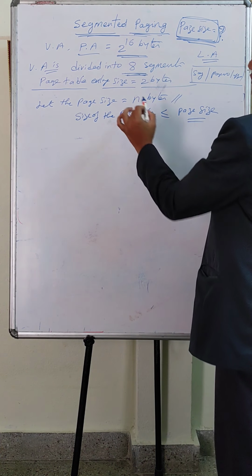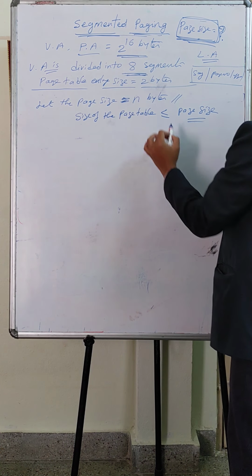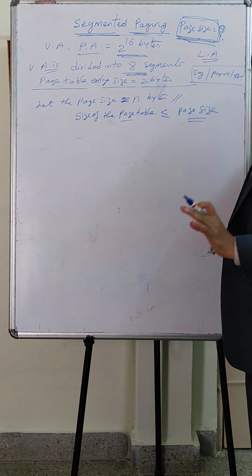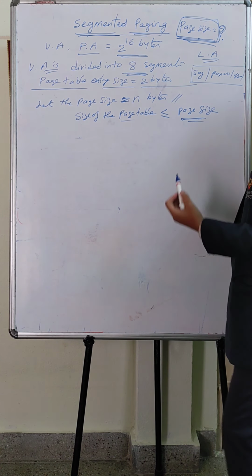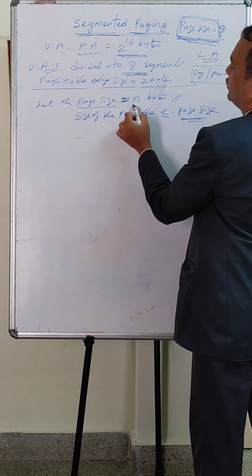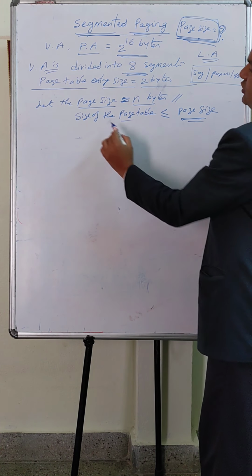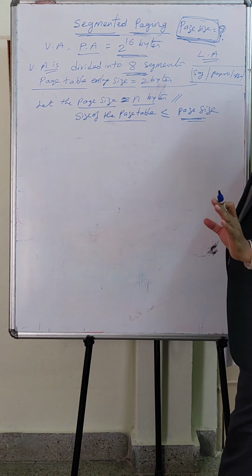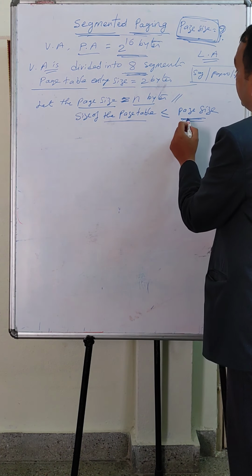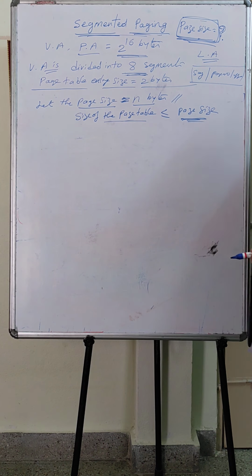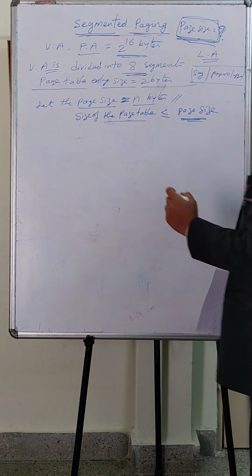We don't know the page size, that is n bytes, but the page table size should be less than or equal to the page size. We need to find the size of the page table, and that should be less than or equal to page size. Okay.